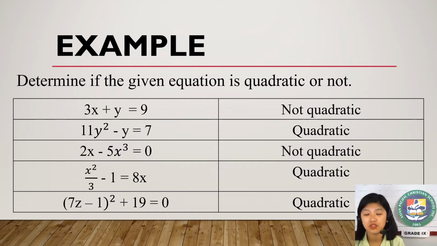Kung mapapansin nyo, yung nasa loob ng parenthesis na 7z minus 1, kapag kinuha natin yung squared niyan, ay makukuha natin 49z squared minus 14z plus 1. So, still, ang exponent niya is 2, kaya quadratic.